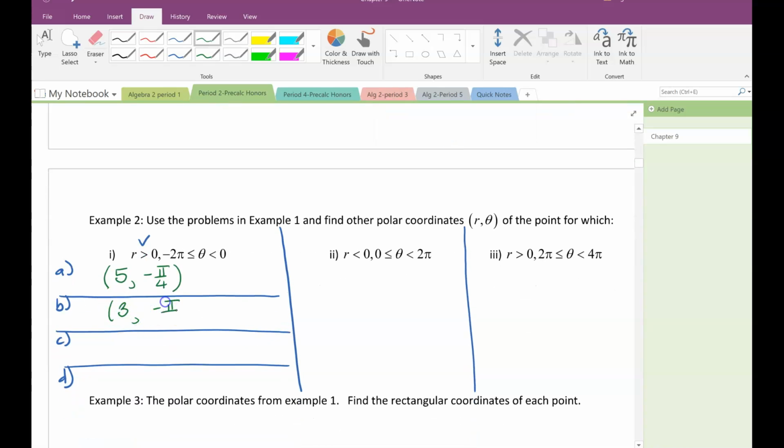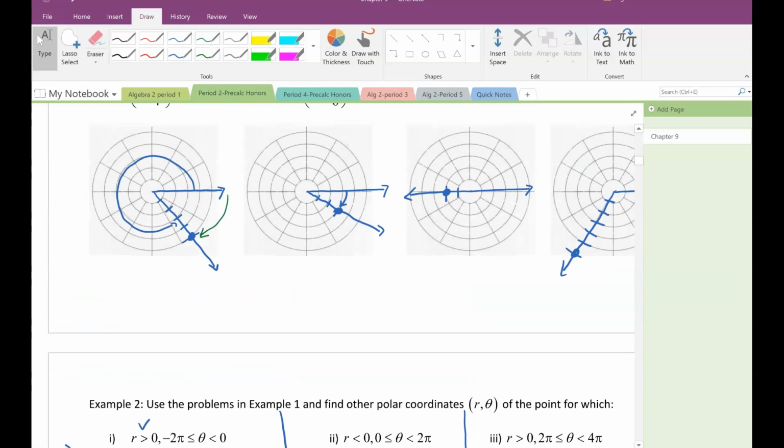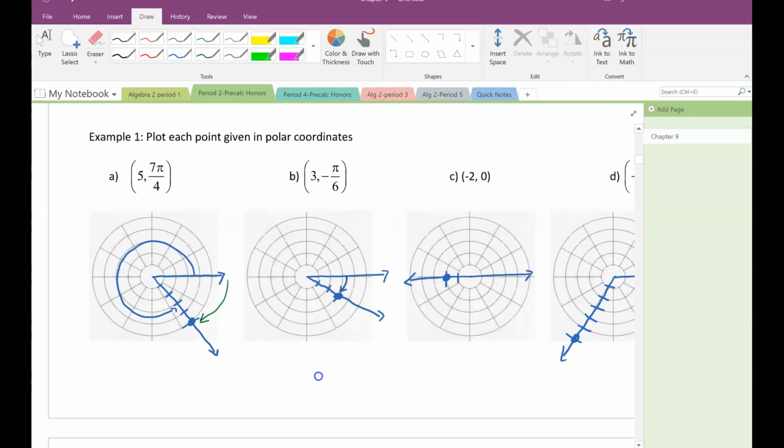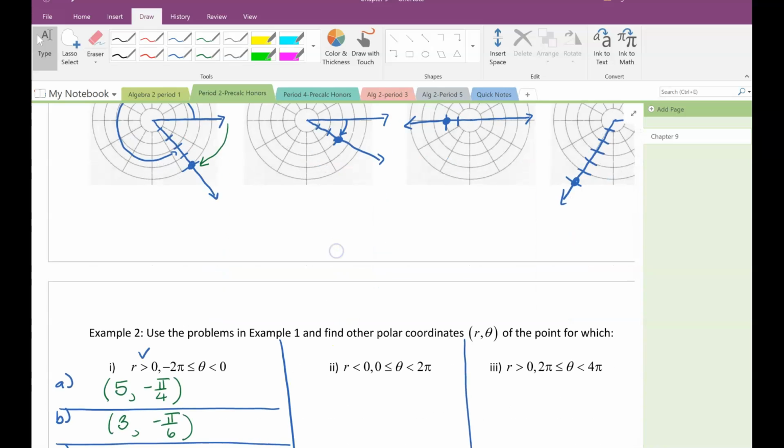So we will keep it exactly the same, was it a pi over 3 or pi over 6? Negative pi over 6. Maybe that would be helpful if I just write all of these down, so I don't have to go up and down. That's what I'm going to do. So hold on tight. A was 5, 7 pi over 4.